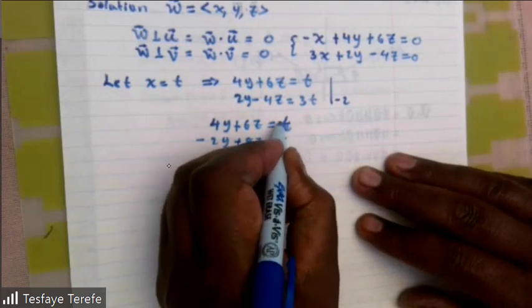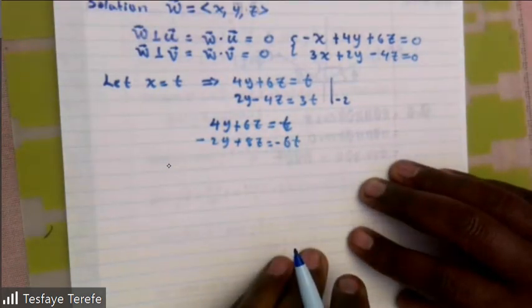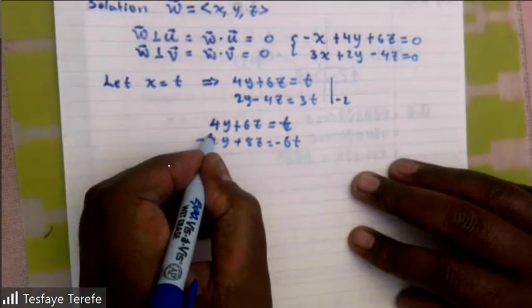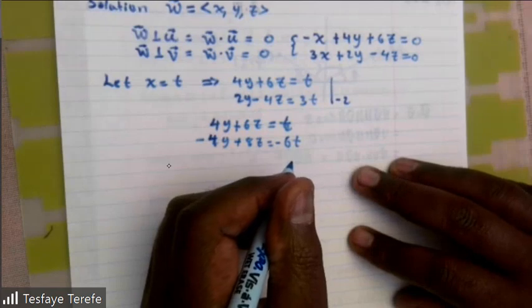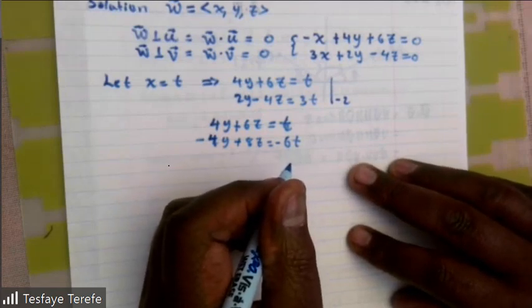By the way, this is T. That should be a -4Y on the bottom too. Yeah, -4Y. Otherwise the purpose is not really accomplished.